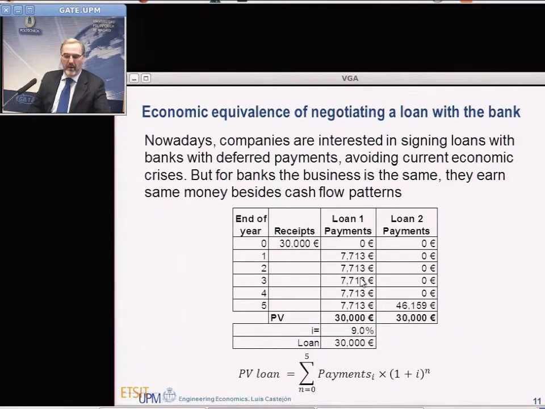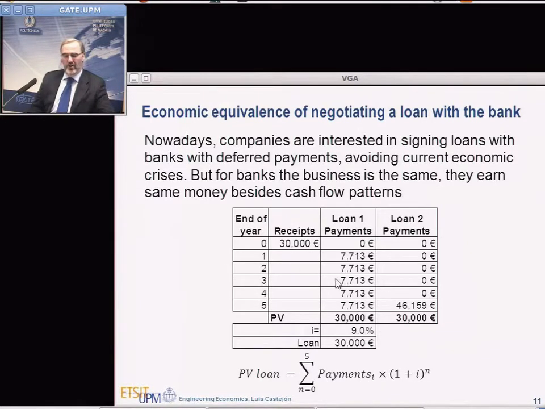The present value of the second payment is 7,713 divided by 1 plus the interest rate, 9%, to the second power. And then you sum all. If you use that formula, you will discover that the present value of those cash flows is 30,000 euros, which is the amount your bank is lending you.